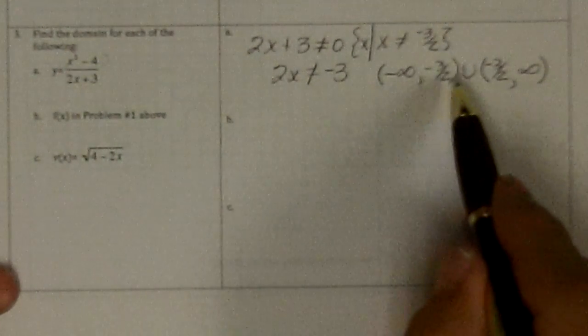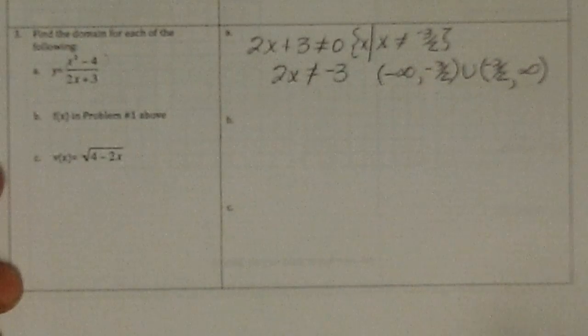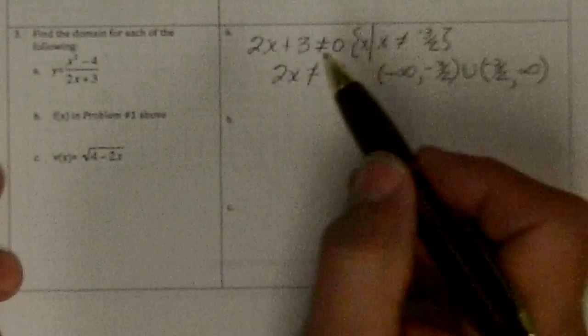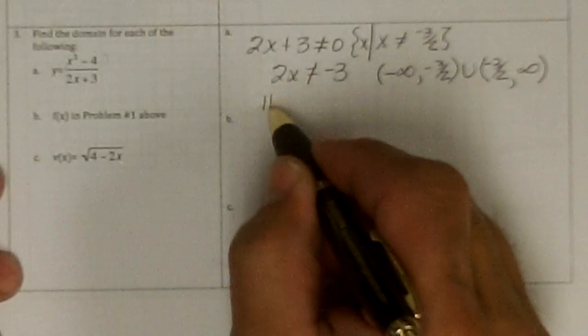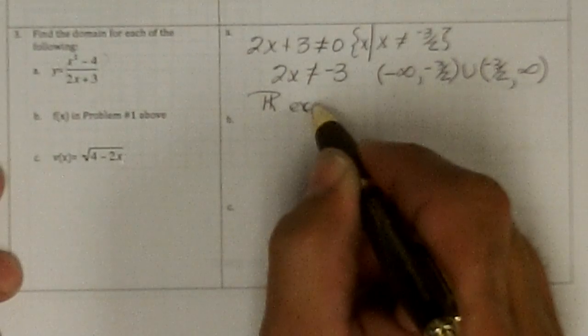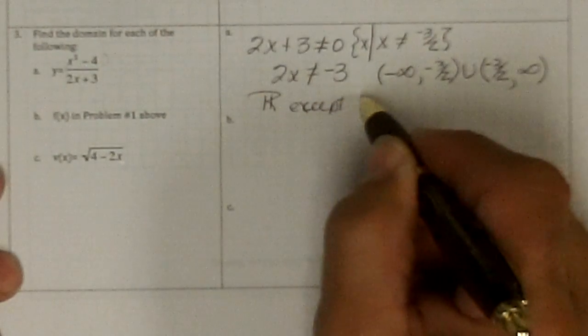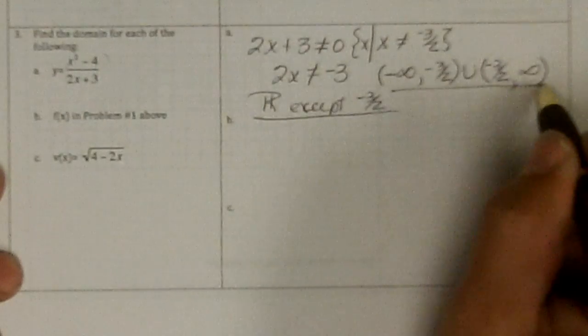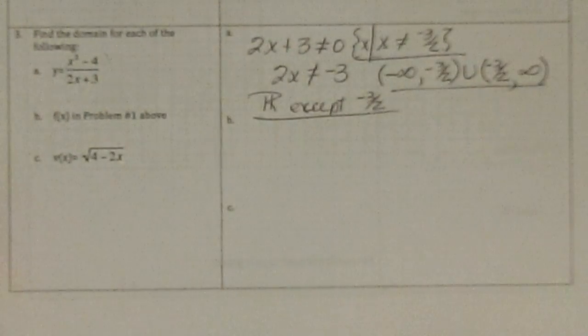That's interval notation, that's set notation. Either one would work. You could also write all reals except negative 3 halves. So there's the 3 ways you could have written that one.